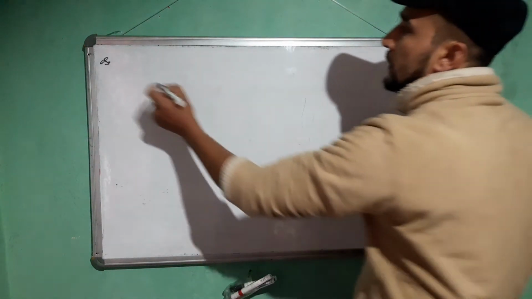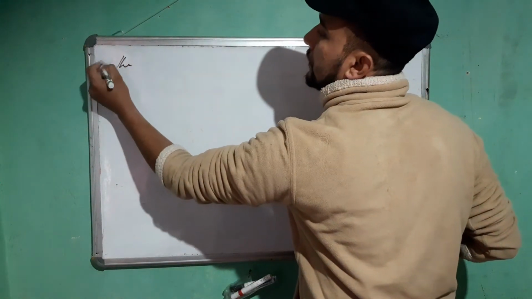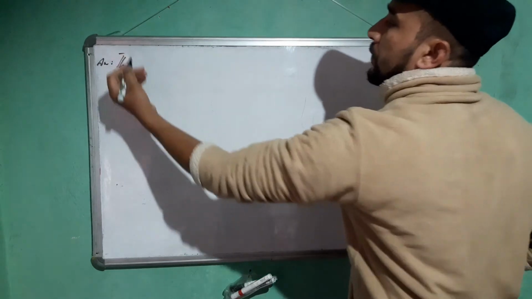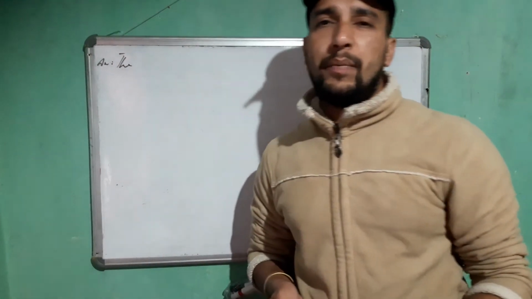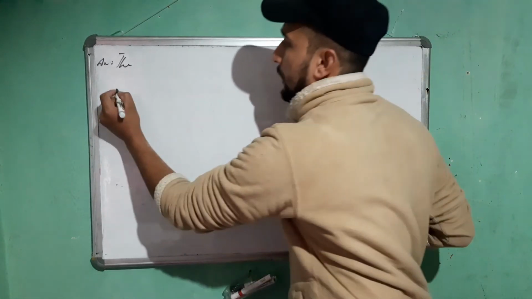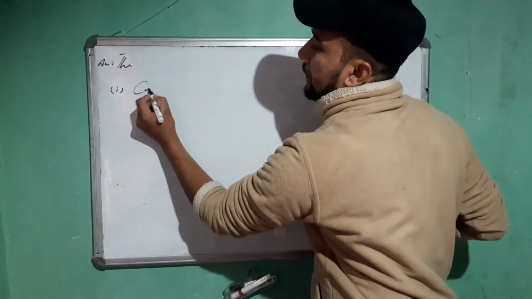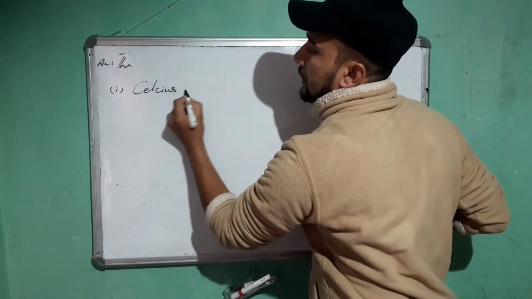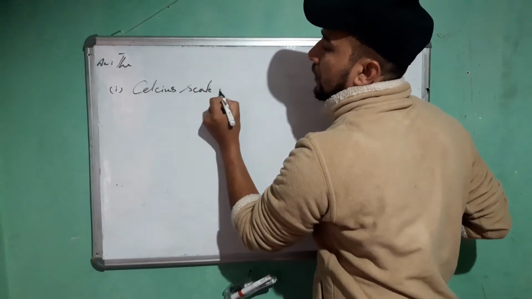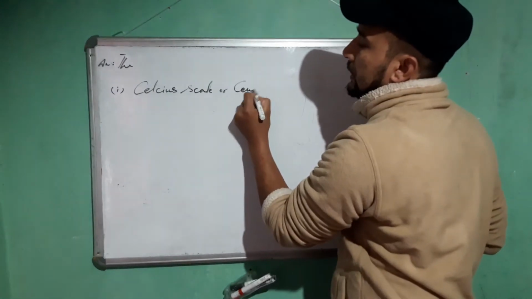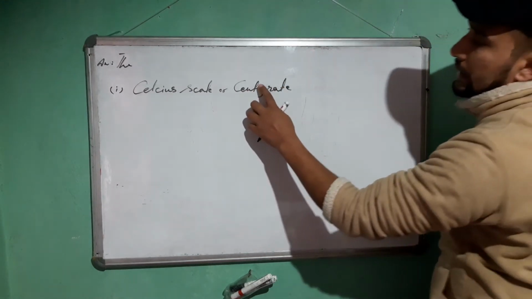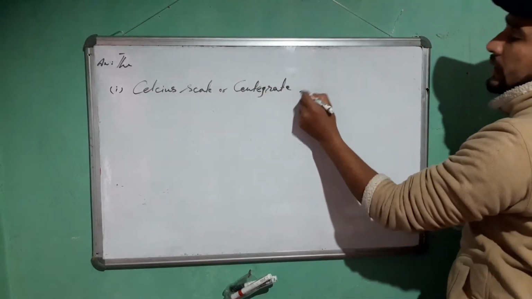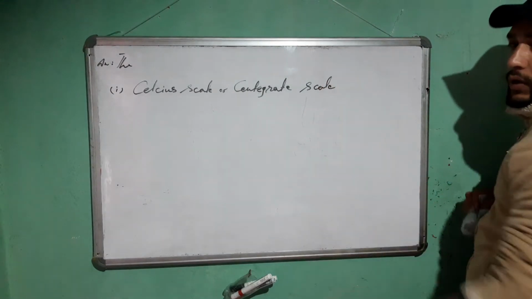Okay, answer: the three important scales for temperature reading are: number one, Celsius scale or centigrade scale.